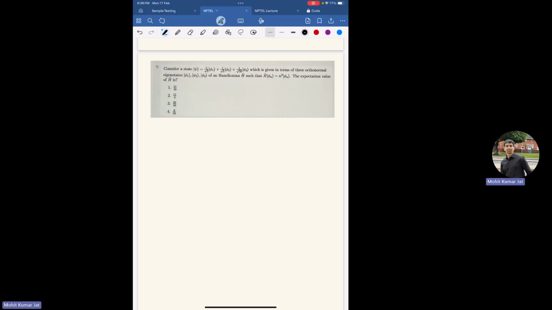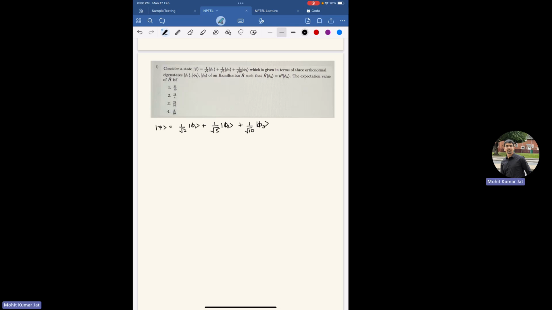So I'll start from question number 1, which says that there's a wave function psi which is 1 by root 2 times phi 1 plus 1 by root 5 times phi 2 plus 1 by root 10 times phi 3.